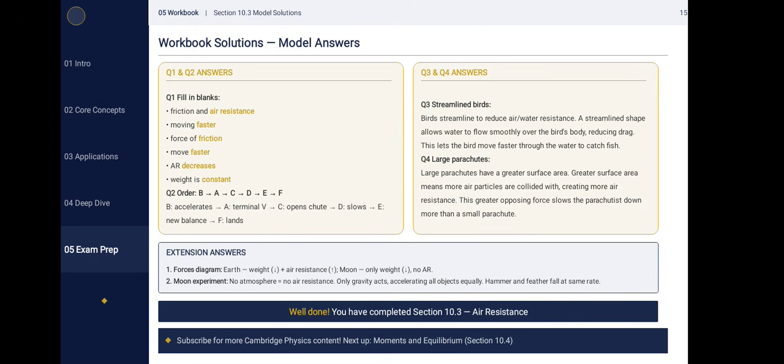Got it? So on earth there will be two arrows, weight, and the weight's arrow will move downward and the air resistance arrow will act upward. While on moon there is only one force acting, that is weight, towards downward.